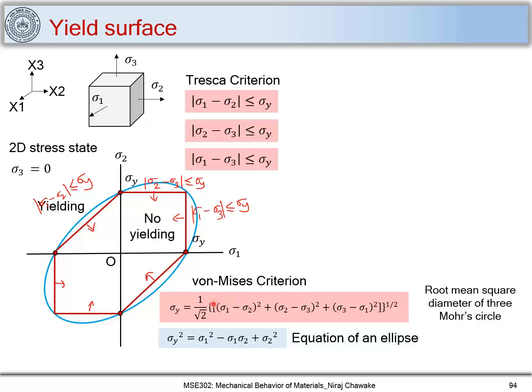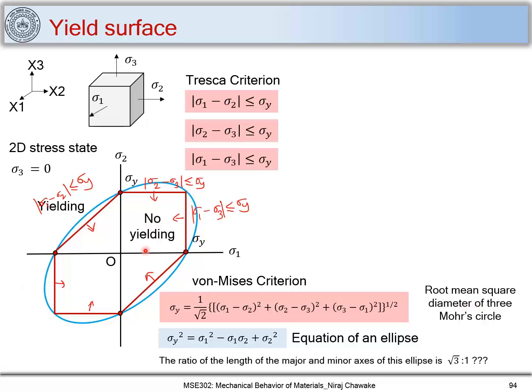If you see this relation, this is a square root and these are the diameters and their squares. So von Mises criteria is nothing but the root mean square diameter of the three Mohr circles. This is another way of looking at von Mises criteria in terms of diameters of Mohr circles.